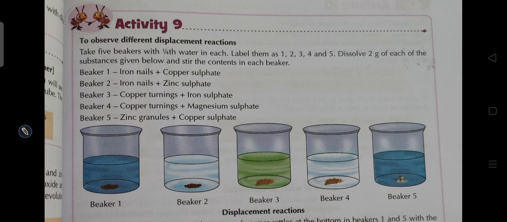Dissolve 2 grams of each of the substances given below and stir the contents in each beaker: iron nails with copper sulfate in the first beaker, iron nails with zinc sulfate in the second, copper turnings with iron sulfate in the third, copper turnings with magnesium sulfate in the fourth, and zinc granules with copper sulfate in the fifth.